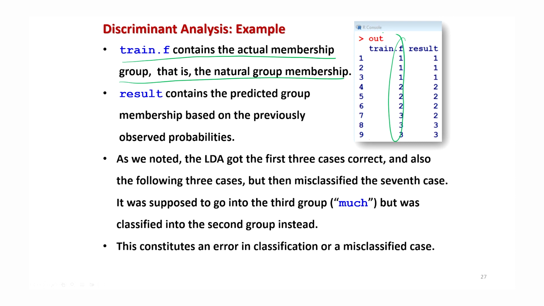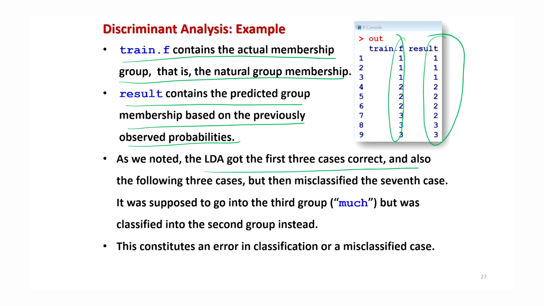What are the real values? Then result contains the predicted group membership based on the previously observed probabilities. Right. Now we can note that LDA got the first 3 cases correct and also the following 3 cases, but then classified one observation wrongly, and that is the 7th case, and then it classified the last 2 observations into the correct group.